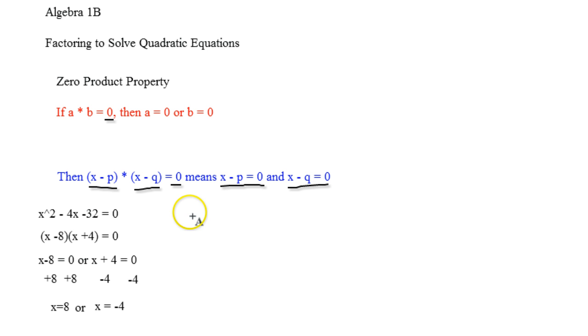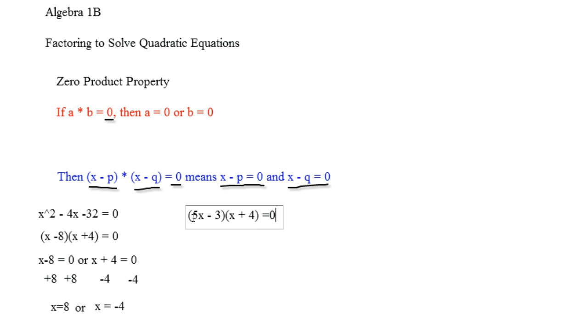Okay. Alright, now let's say we get done factoring and we get down to something that looks kind of like this. Let me get the specific example. There we go. 5x minus 3 times, let's make this interesting, x plus 4.